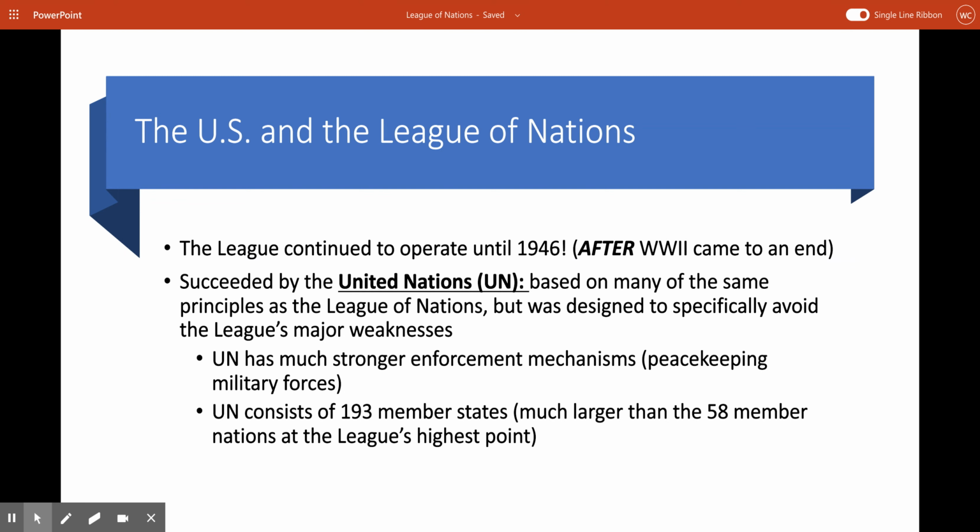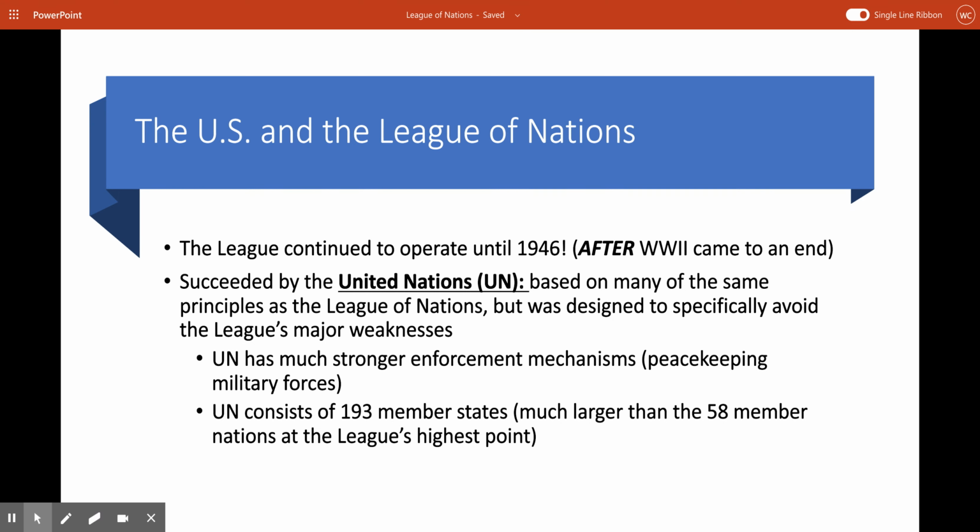Clearly, it wasn't effective, right? There was a major war going on. They were unable to prevent it from happening. Other member states left, and it became basically nothing. It was meaningless at a certain point. But it did continue to officially operate till 1946, when it was formally liquidated and dissolved.